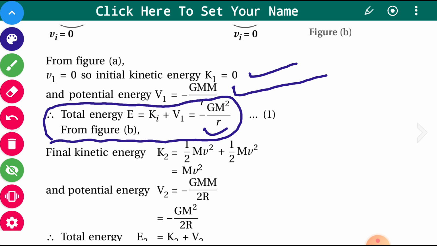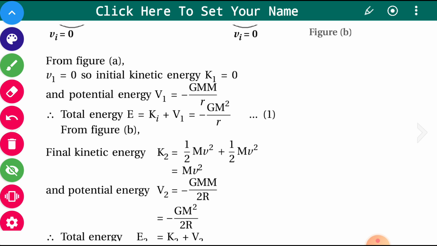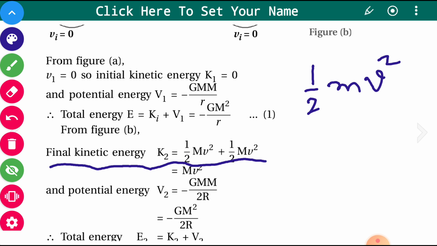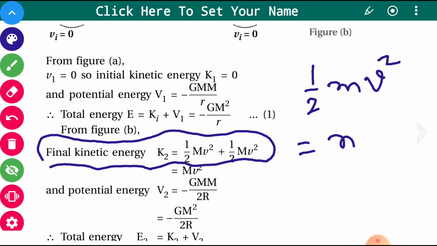Now let us consider that when they are colliding, their velocity is v. One has velocity v, the other also has the same velocity, because they have the same situation initially. Their kinetic energy at the time of collision, that of one, is 1/2 m v square, and 1/2 m v square for the other. So total kinetic energy will be 1/2 m v square plus 1/2 m v square, equal to m v square.